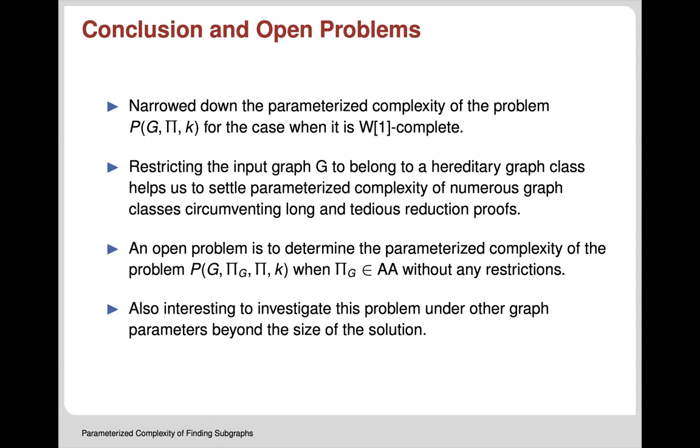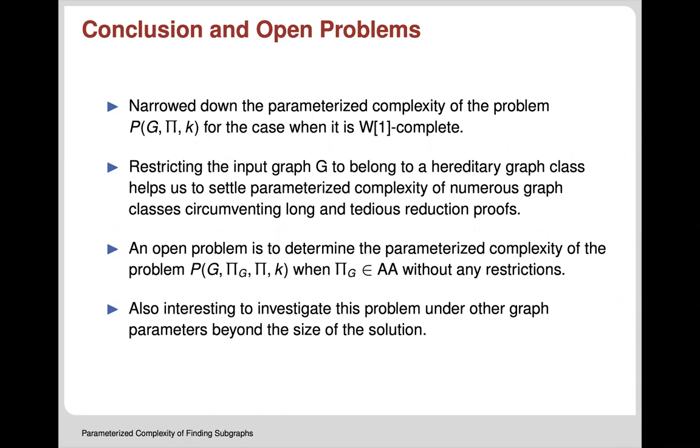I have a question, Venkatesh here. The third item in your open problem, is there an example you can point to where the graph belongs to AA, but a specific graph class where you know something or you don't know anything?